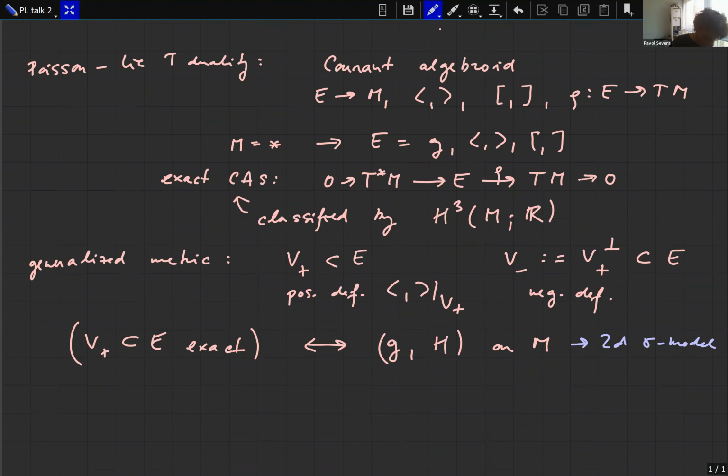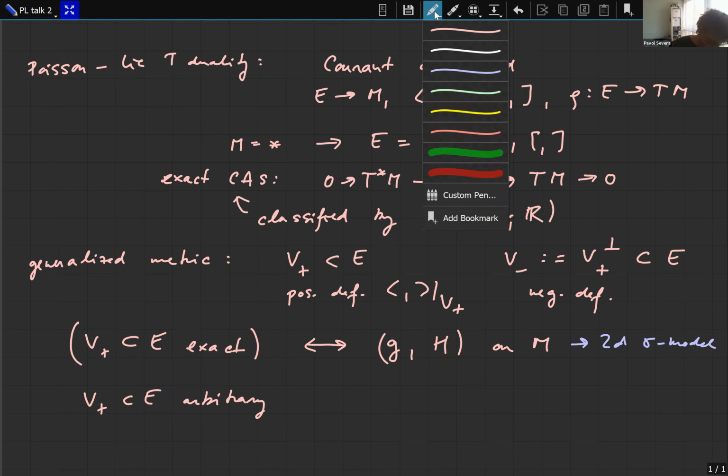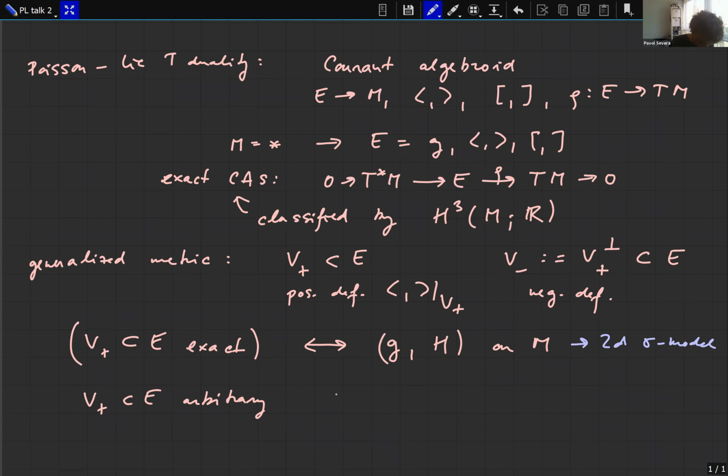So what is happening now when we have V plus in E, which is now arbitrary? Well, it's no longer equivalent to any g and H, but still one can extract from this some sort of two-dimensional model.